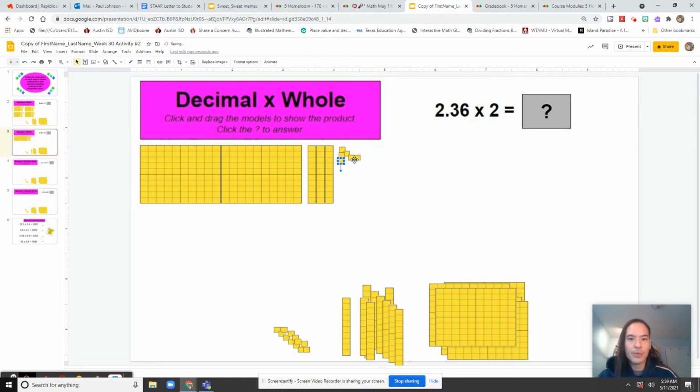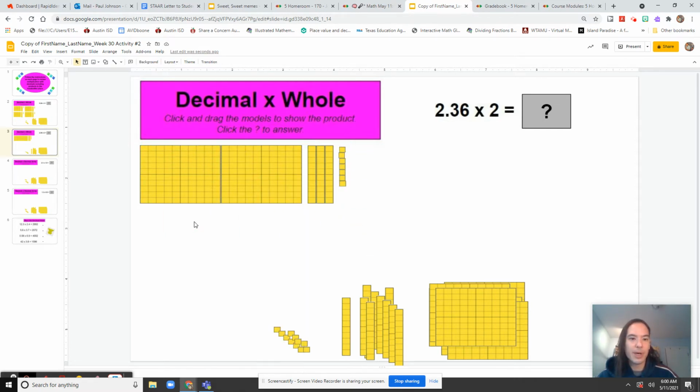So 2, 3, 4, 5. Need one more. 6. Okay. So we have 2 wholes, 1, 2. We have 3/10, 1, 2, 3/10, and we have 6 hundredths, 1, 2, 3, 4, 5, 6 hundredths. So we need 2 groups of this.